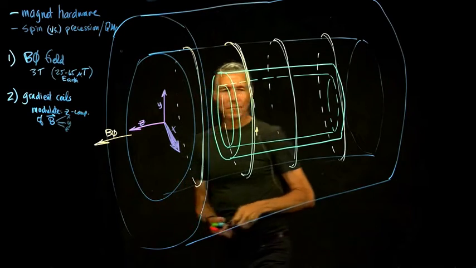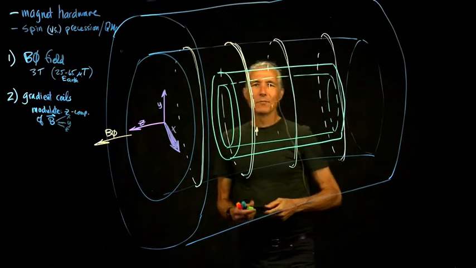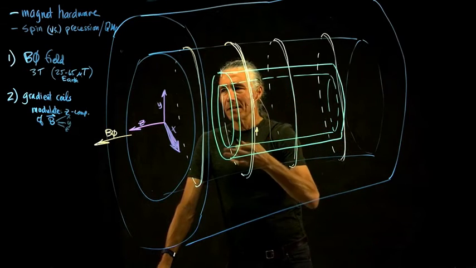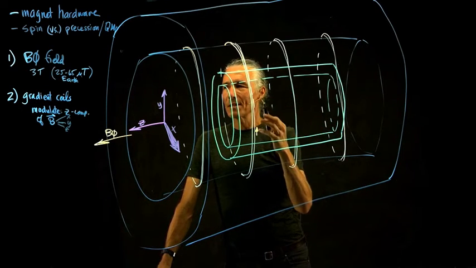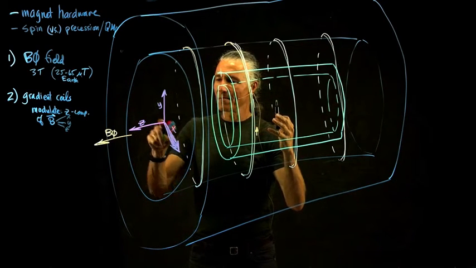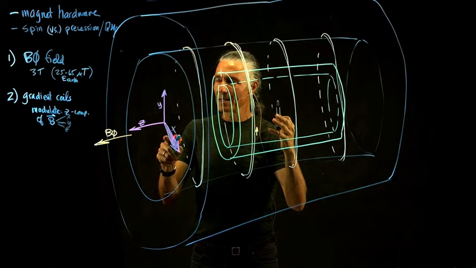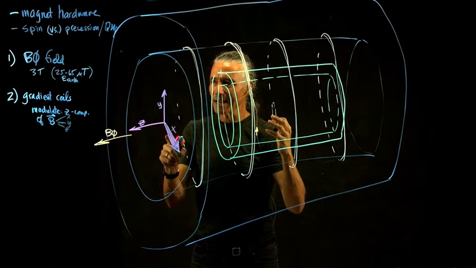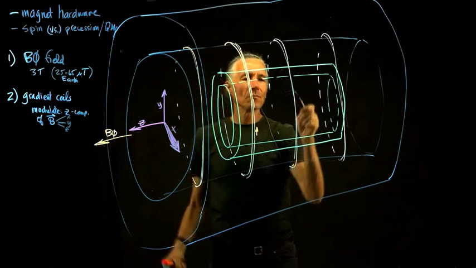So how does it do that? Well, let's just take an example of, say, we wanted to modulate the z component as we move in the x direction. So what would we do for that?